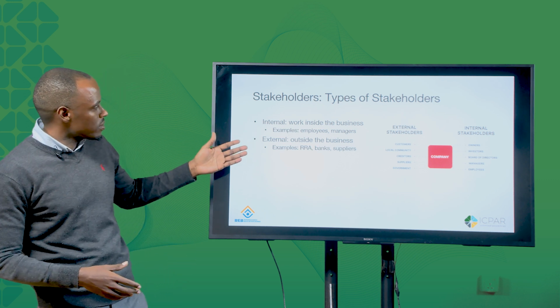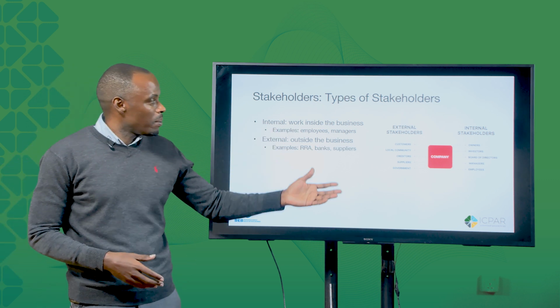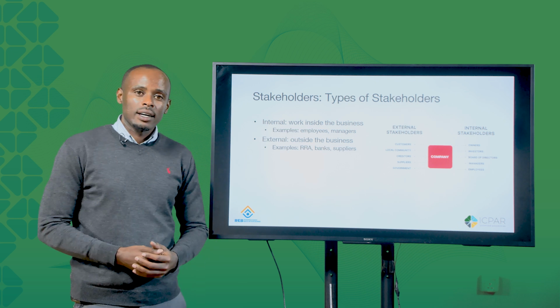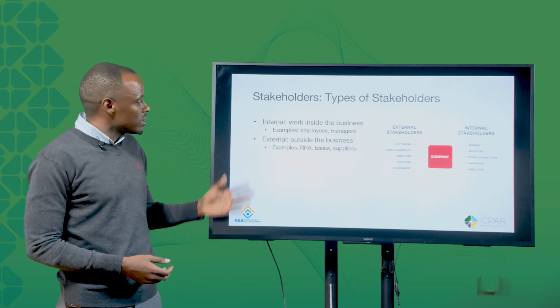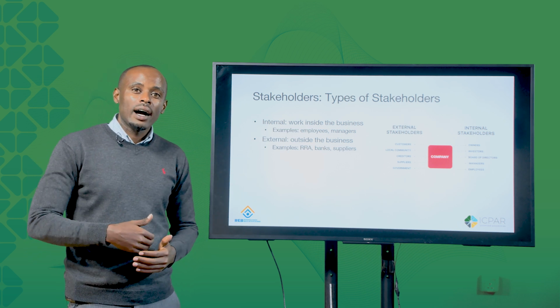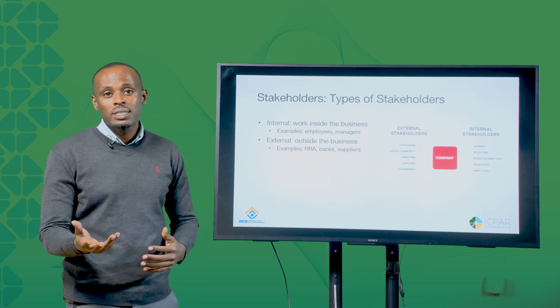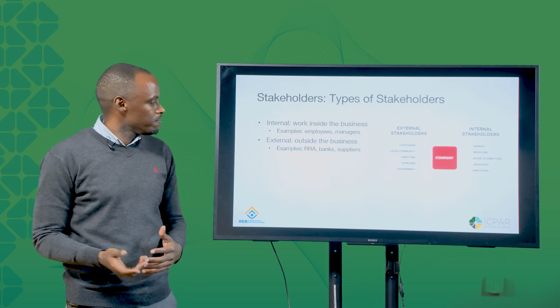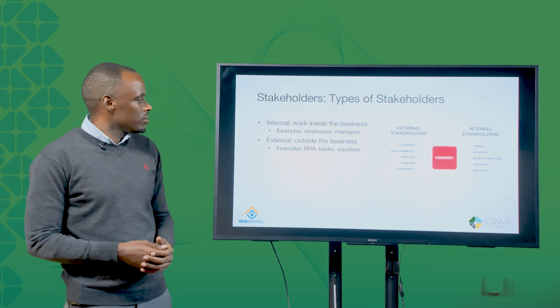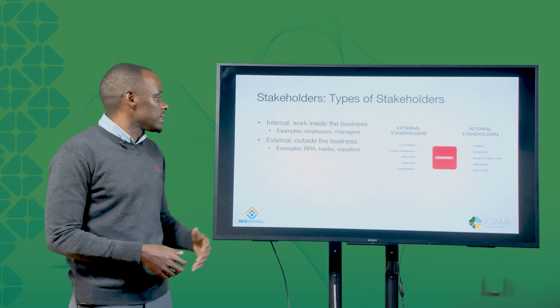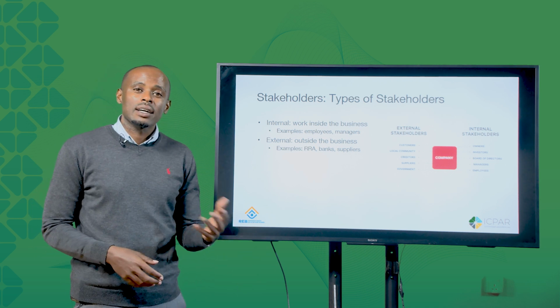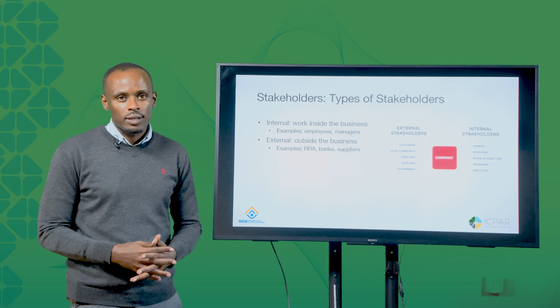These can be employees, managers, and other groups of people. External stakeholders, on the other hand, are people affected by or affecting the business, but from the outside. Examples are Rwanda Revenue Authority, the banks, suppliers, customers, and so on.